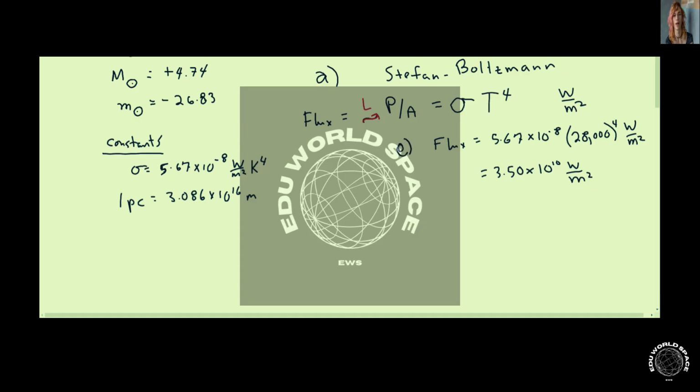But once we find that, the luminosity is the flux times the area of the surface, 4 pi r squared, R being the radius of the star.